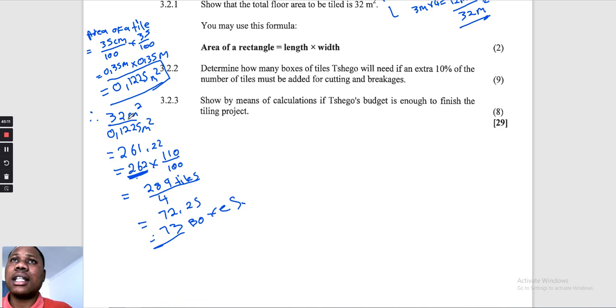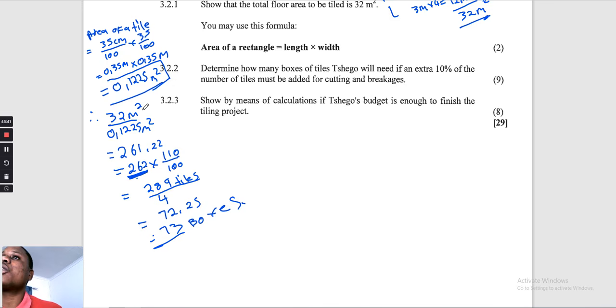Let's start here. 32 meter squared divided by 0,1225 gives me 261, okay, it's fine. Let's leave it.